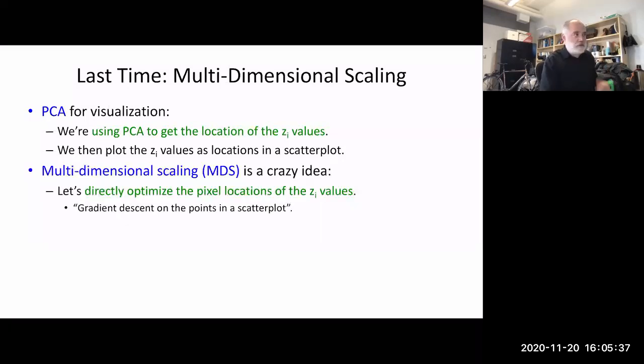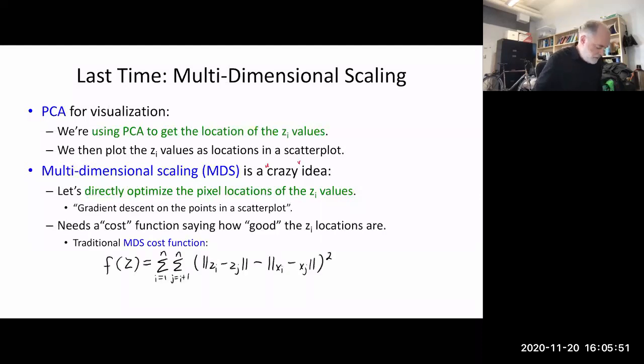We introduce multidimensional scaling, which is a, in scare quotes, crazy idea, which basically says, let's directly optimize the pixel locations of the embeddings. Let's just move the embeddings around directly, kind of like gradient descent on the points in a scatter plot. And in order to do this, we need to set up a cost function to say how good the embeddings are that we learn.